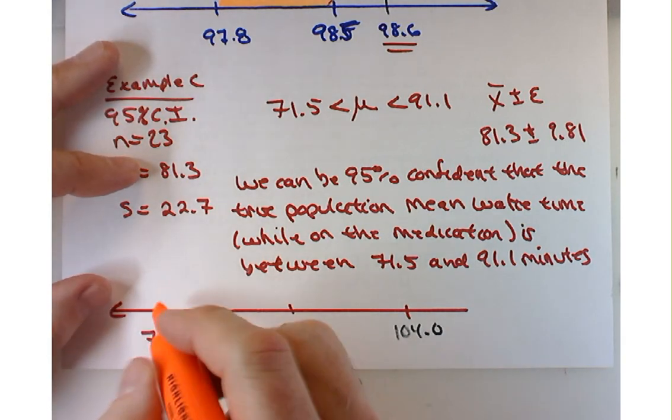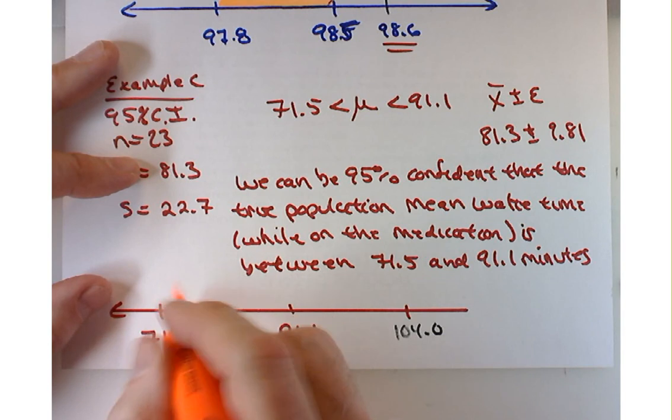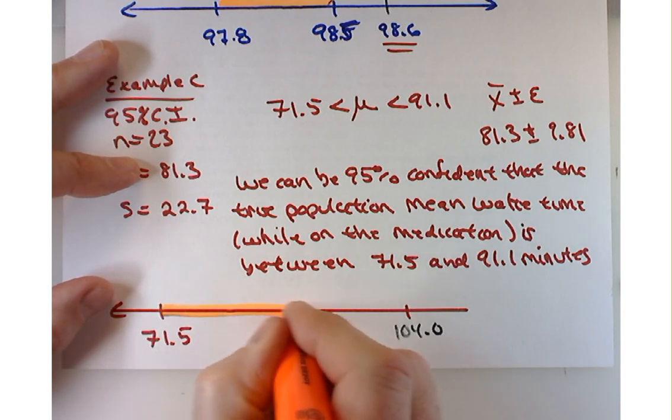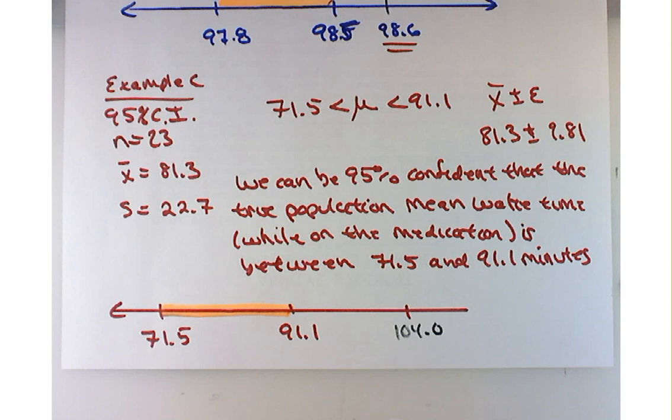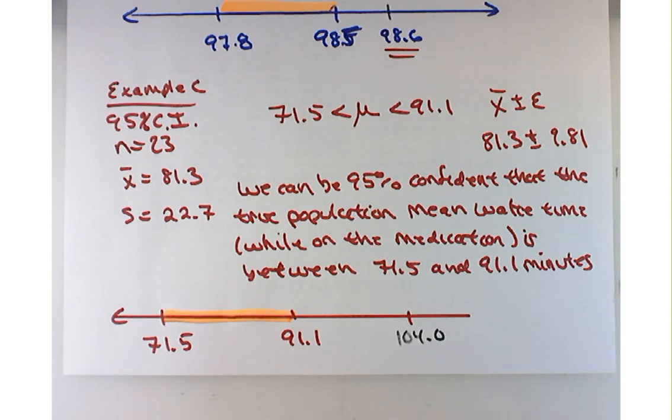So here's your confidence interval. Does it appear to have changed the mean wake time? Yes, it really does. It'd be fair to conclude that the treatment appears to be effective because we've shifted the bar. It no longer overlaps 104. It's significantly different than that value, so it does look like the treatment is effective.